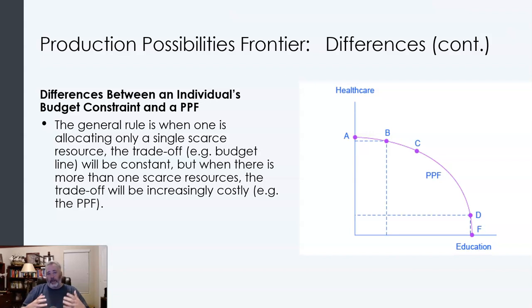The reason why you have this law of increasing opportunity cost is because the resources used to produce healthcare are not the same resources you would necessarily use to produce education. In other words, what I'm using to make healthcare, I can't just automatically shift that towards education because they're different.